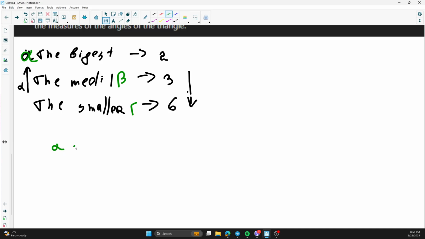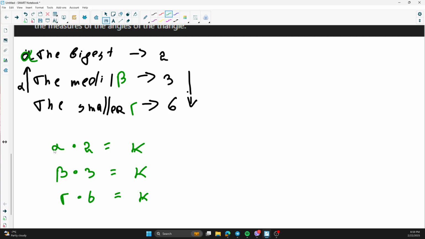Alpha times 2 will be equal to a constant, let's call it kappa. Beta times 3 will also be equal to the same kappa. And gamma times 6 will also be kappa, right?